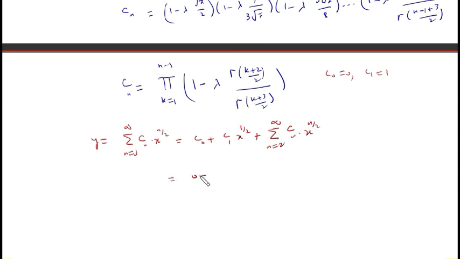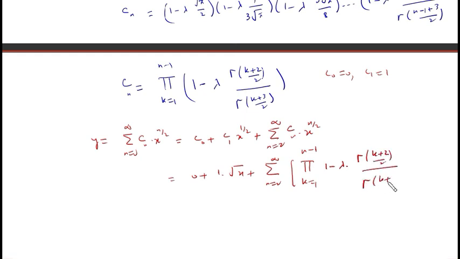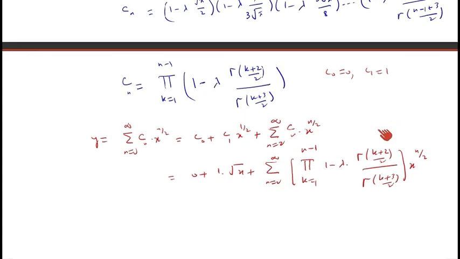The first term is 0, the second term is 1 times square root of x, and then summation n from 2 to infinity, the value of Cn, which is infinite product k from 1 to n minus 1, and then 1 minus lambda gamma of k plus 2 over 2 and denominator gamma of k plus 3 over 2, into x to the power n by 2.